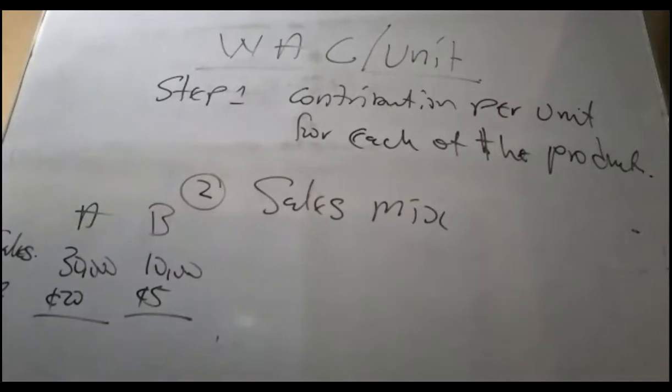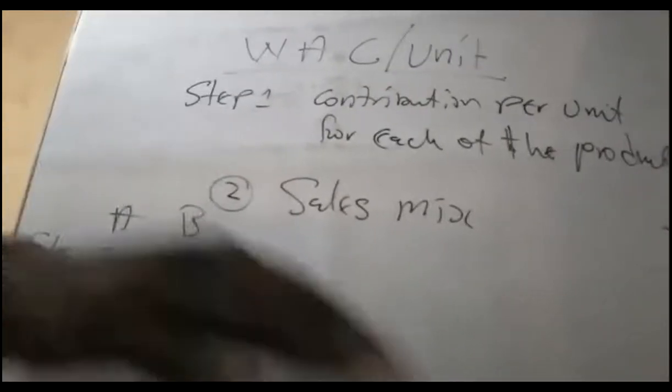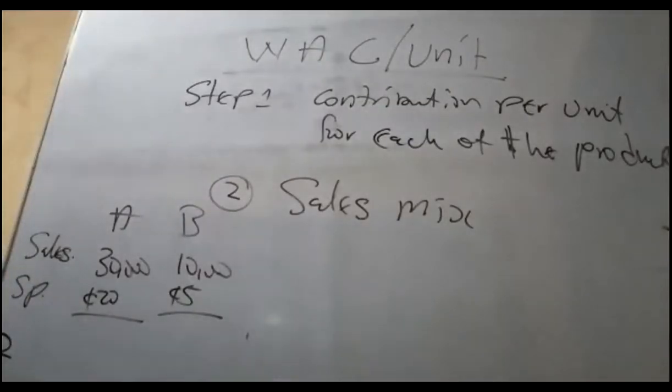Okay. Now, when I say sales mix, it simply means the proportion of each of the products that needs to be disposed of at a go. So that's the sales mix.